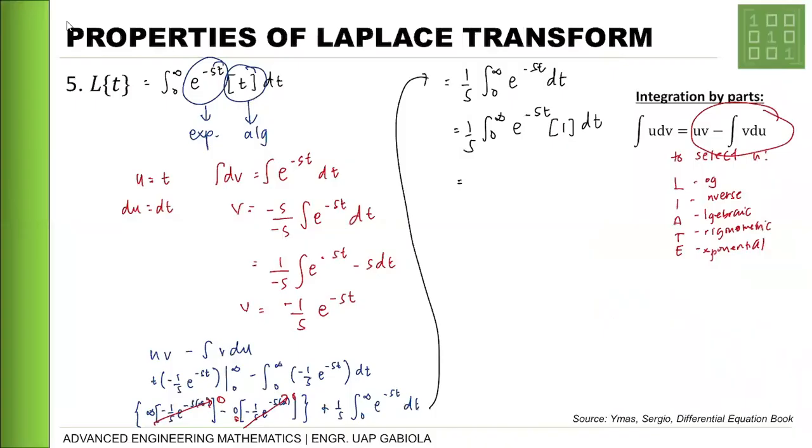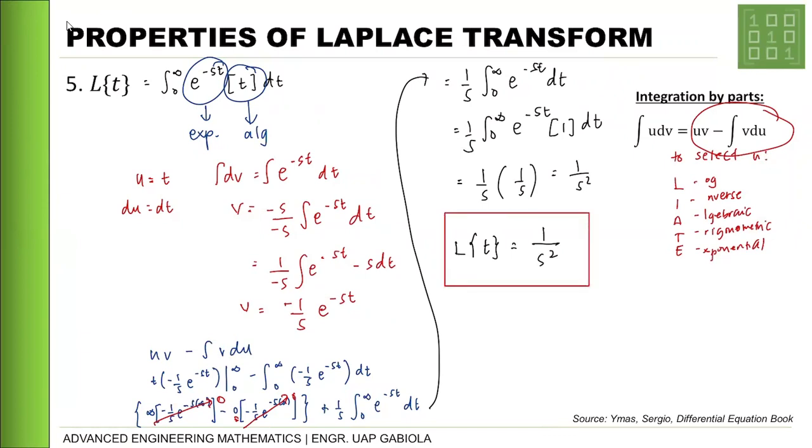So, this will be 1 over s times 1 over s. So, our answer for L of t will be 1 over s squared. Okay? So, for now, let us understand this or accept it as a property, that when what is inside the function L is just t, that will be 1 over s squared.